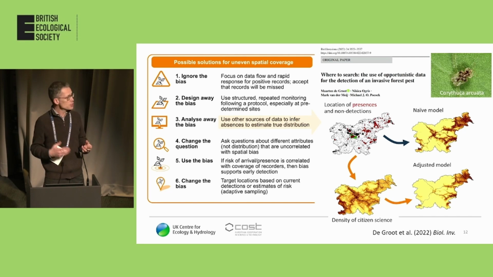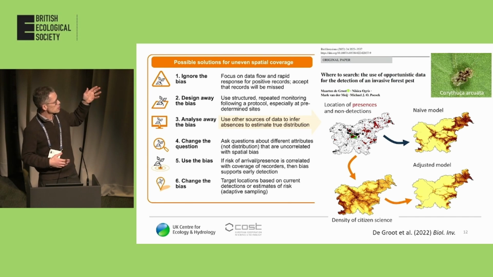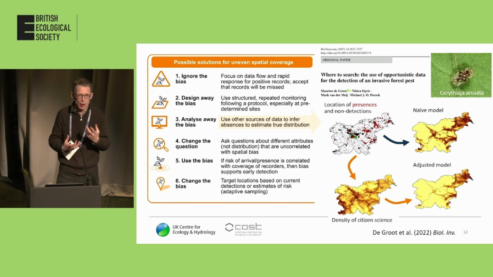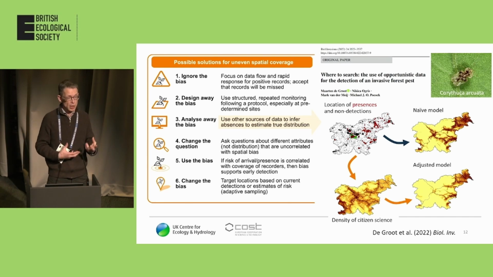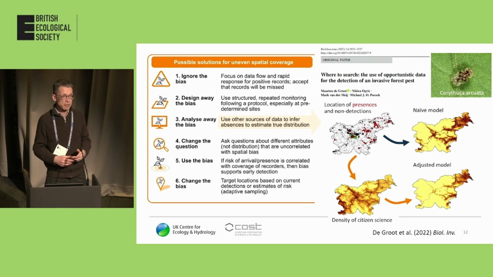But I think one of the important things is also about changing the bias, and about how we can inspire and nudge recorders to record in different and new places on the basis of information given to them, in order to take a more risk-based approach to sampling for invasive species.